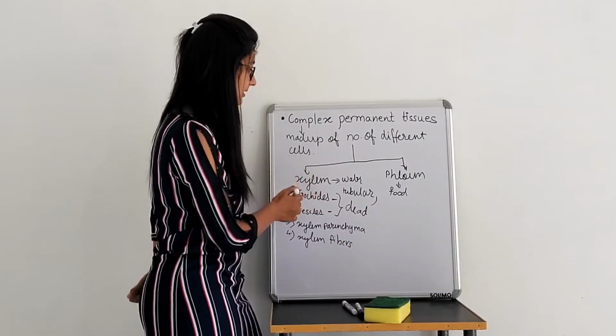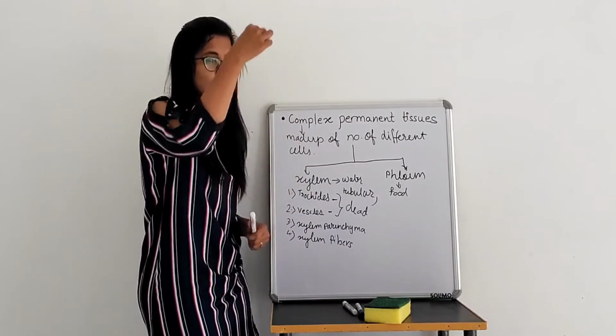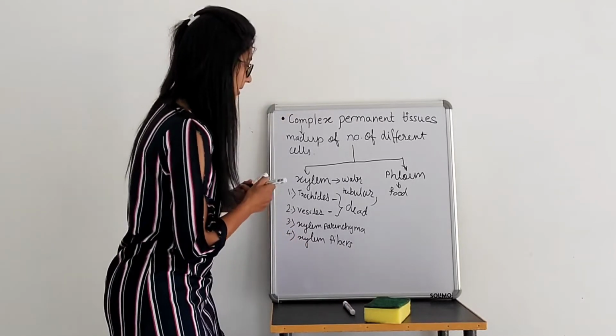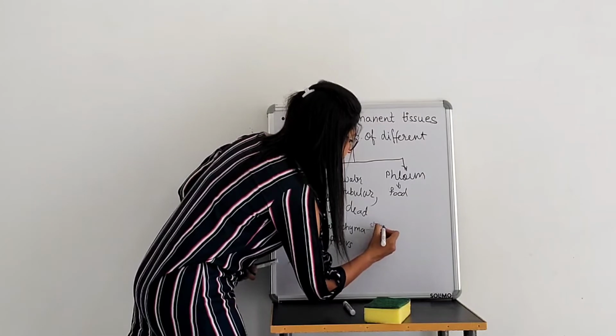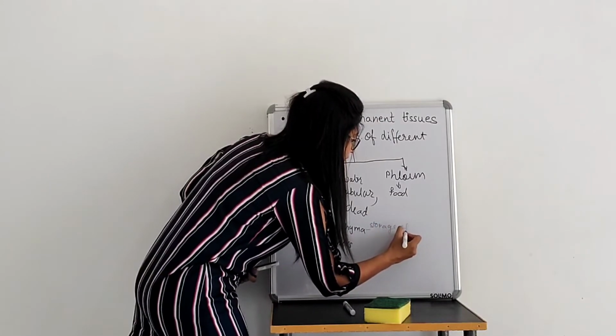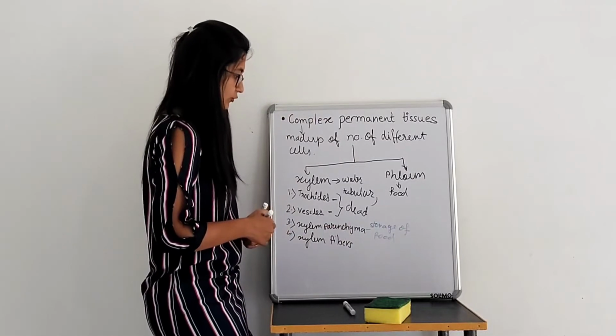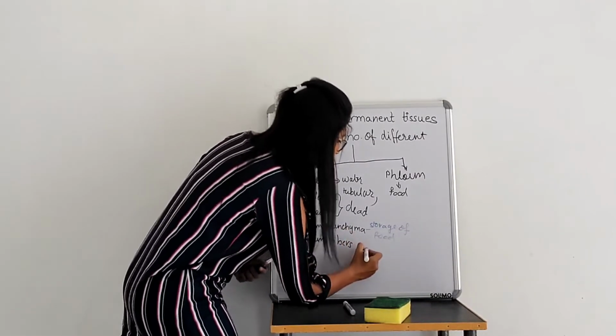So both these elements are mainly associated with the tubular function, that is they are tube-like structures and help in transport. The xylem parenchyma helps in storage of food, whereas the xylem fibers mainly provide structural support.